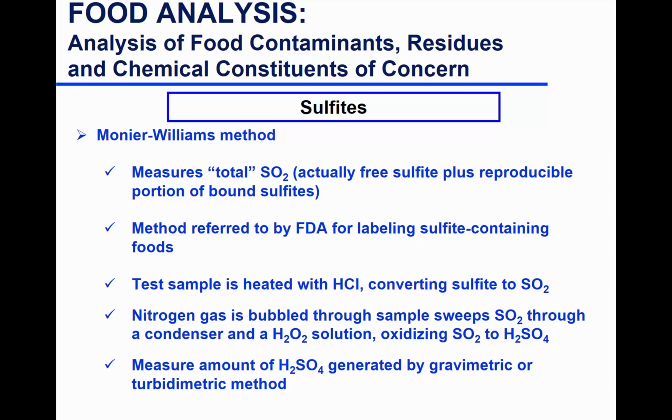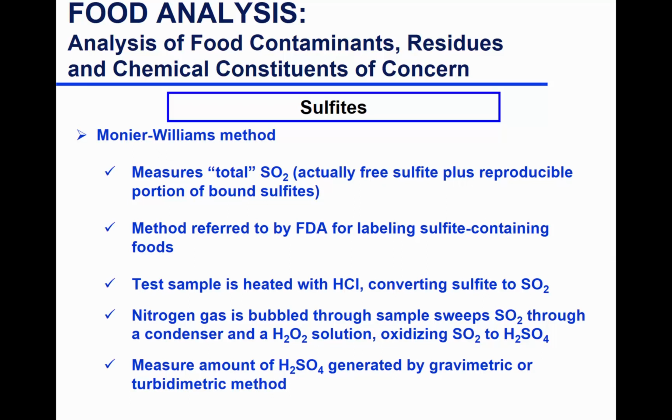And then the SO2, in the presence of nitrogen gas and H2O2, that's peroxide solution, is oxidized into H2SO4. So the peroxide oxidizes SO2, and then you get H2SO4, which is measured either gravimetrically or by measuring the turbidity.